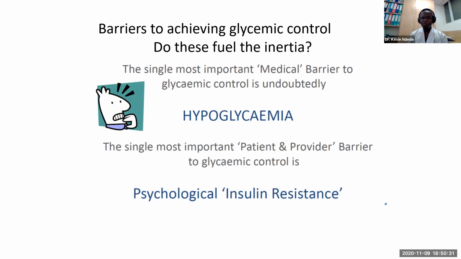So for us to be able to intensify our patients early, we need to overcome this psychological insulin resistance so that providers are enabled to initiate insulin early and not wait for 7 years, as we have seen. And patients should also be counseled adequately that insulin is not a terminal treatment that they need to resist at all costs.